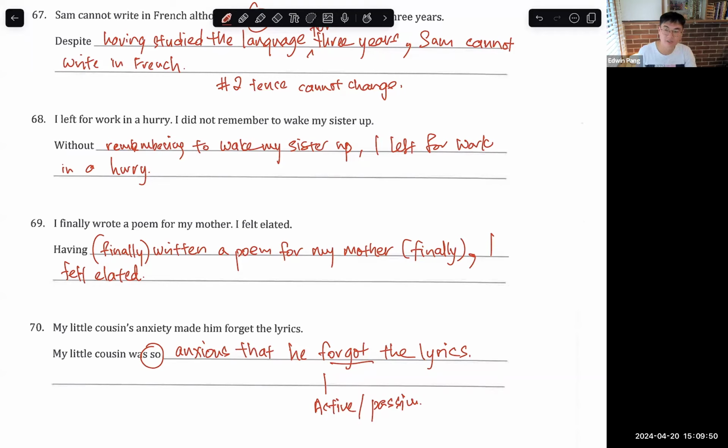So that it, what is the it, right? So anxious that it is already redundant. So anxious that he forgot the lyrics. So remember, do not put in redundant words, right? So it was so anxious that he forgot, so that, all right? So no, it made him, I will not accept, okay? Again, it made him is redundant.